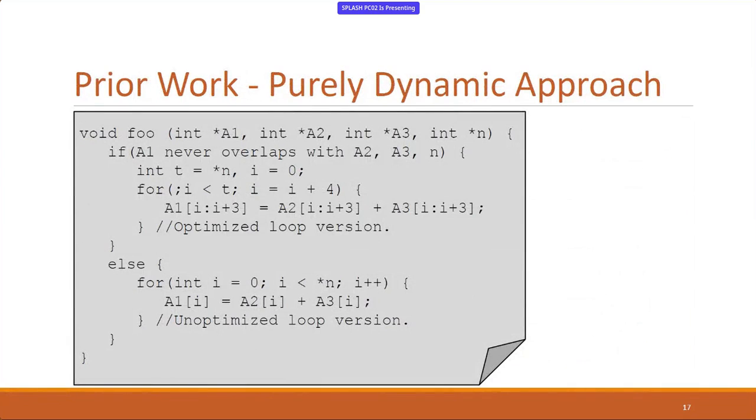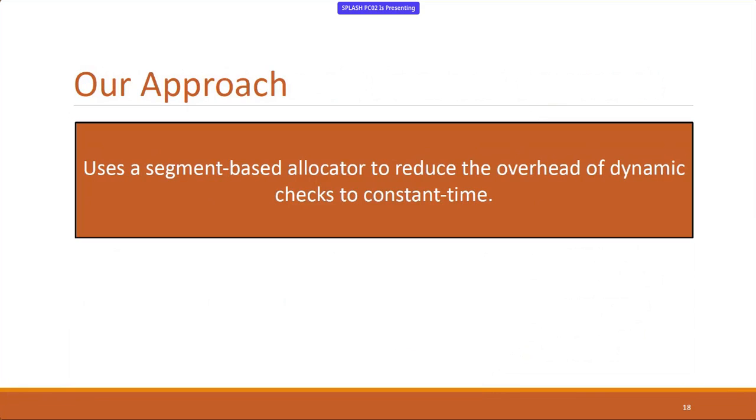That approach disambiguates the pointers based on the starting addresses of the objects. However, when the memory allocation is done, the starting address is stored in the form of a red-black tree, leading to O(log n) dynamic checks. Thus, this approach is not scalable for real-world applications.